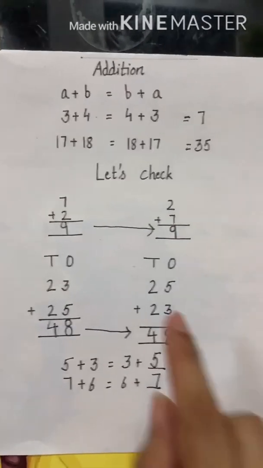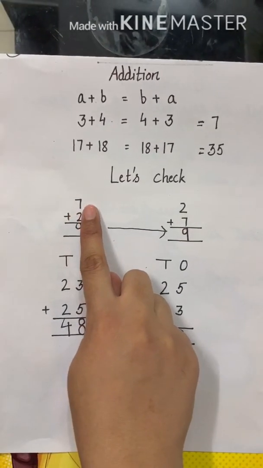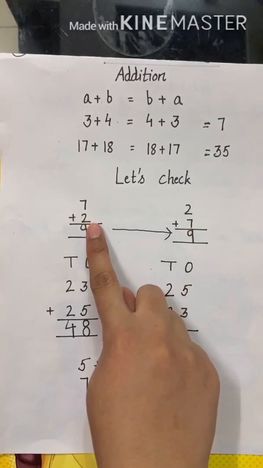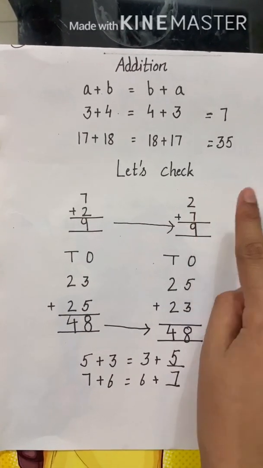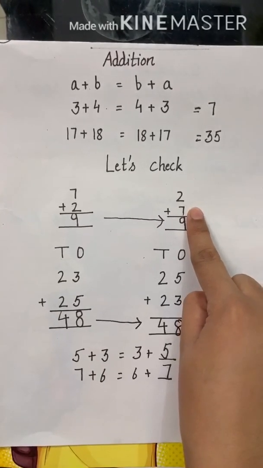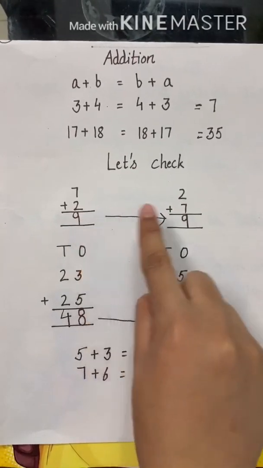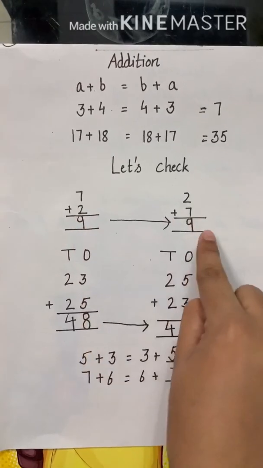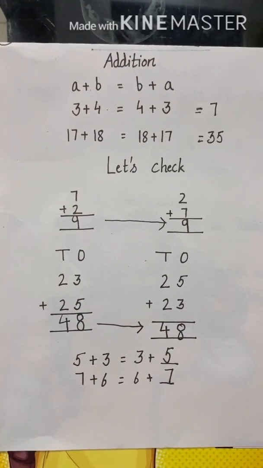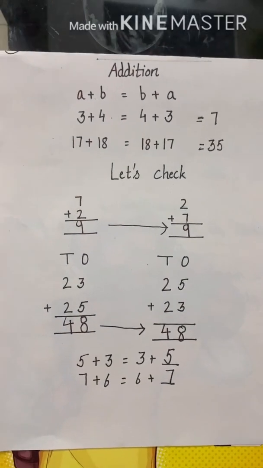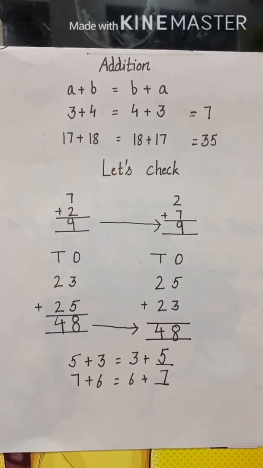That means if I am writing 7 at first position, 2 at second position, or if I change their positions, 2 at first position, 7 at second position, the answers are the same in both cases. There is no change in the answers. So that means addition is commutative.